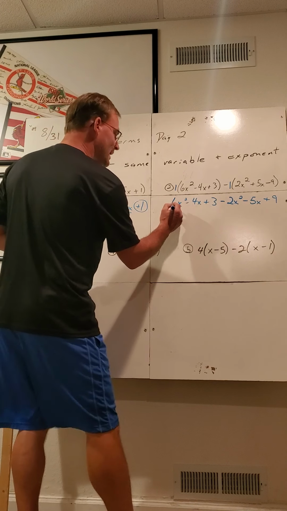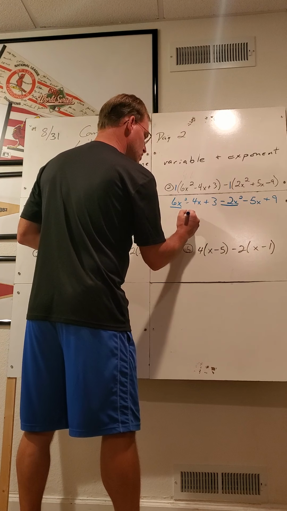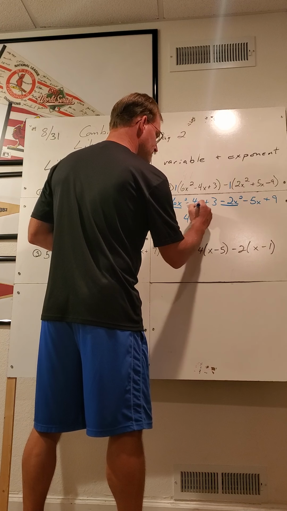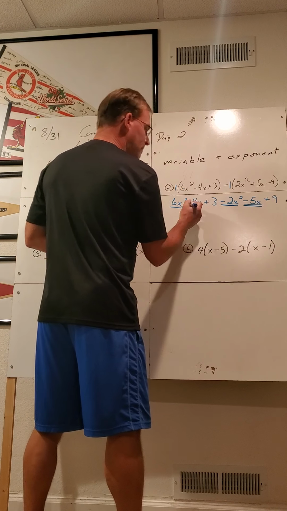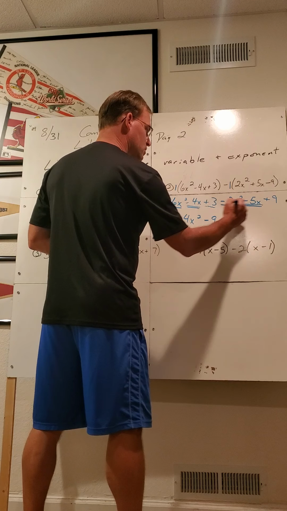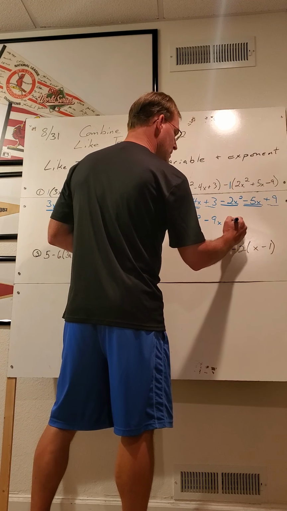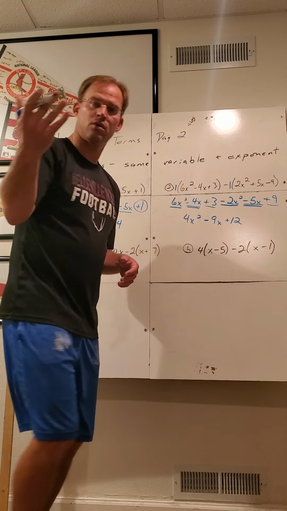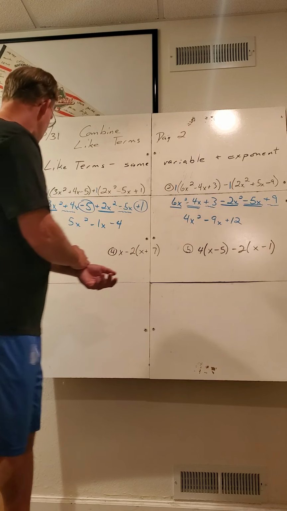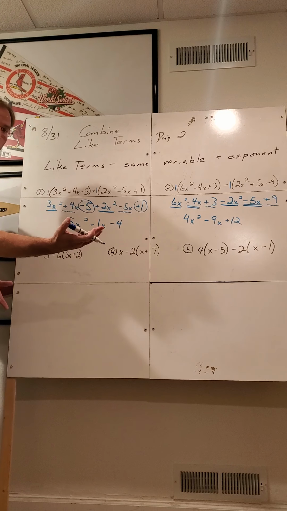And now I can combine like terms. Minus 4 minus 5 is minus 9, plus 3 plus 9 is plus 12. Simplified. Done. Moving on.